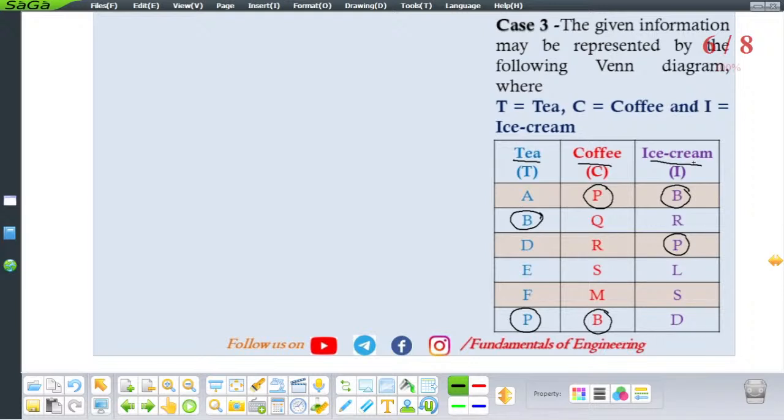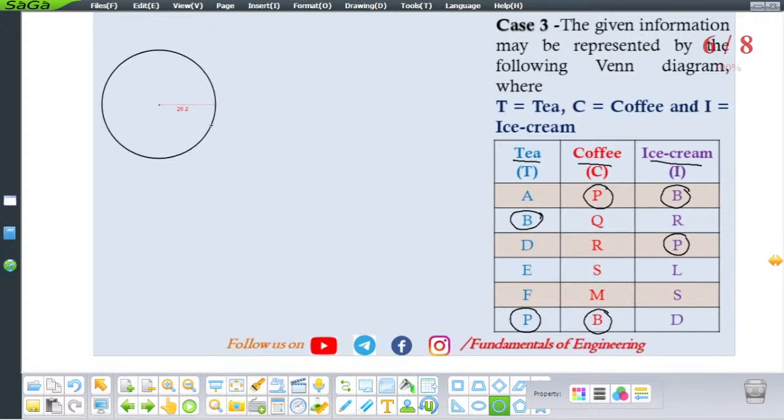So the similarity or difference between them, we can represent. Among this data we got the information that persons B and P like all three. So how can we represent it? Here we have to draw three circles.